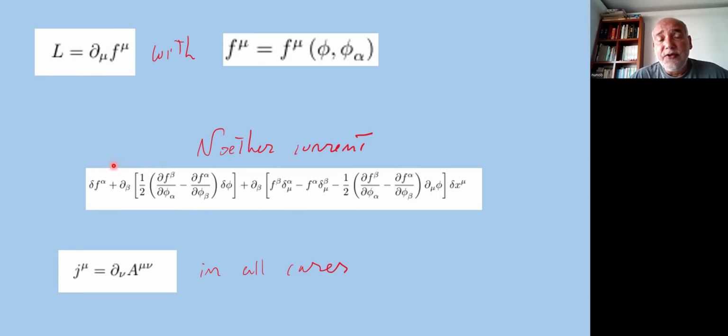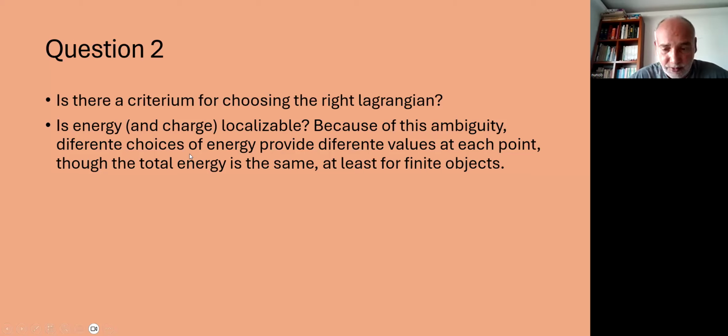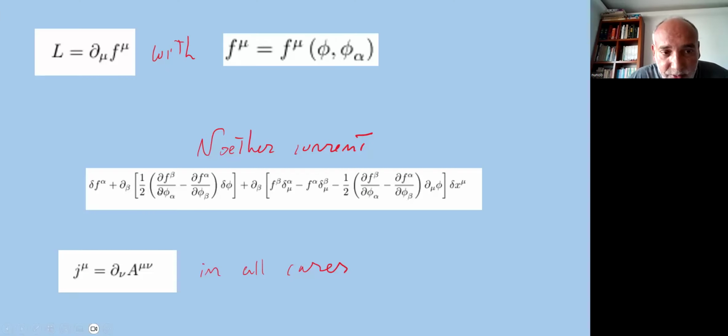You see that if this is symmetric under the transformation, this will be 0. And then you can see that this current that shows up here is in fact the derivative of, the current is all this, I'm sorry. This is the current that you define.